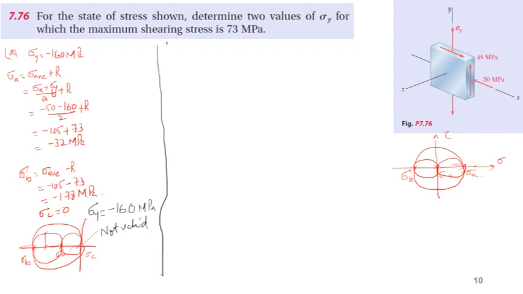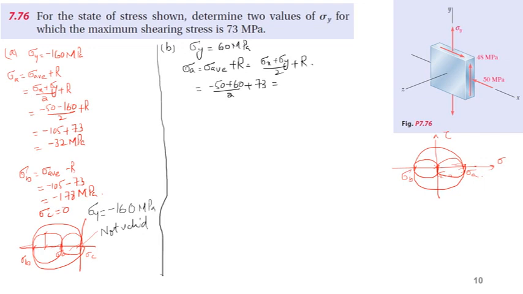Now let's see the other value, sigma y equal to 60 megapascal. Let's check this value. Sigma A will be sigma average plus radius, and we know that sigma average is sigma x plus sigma y divided by 2, plus radius. Putting in the values, minus 50 plus 60 divided by 2, plus 73.